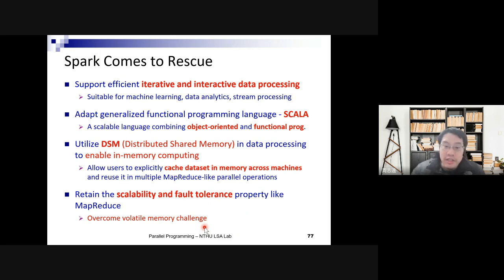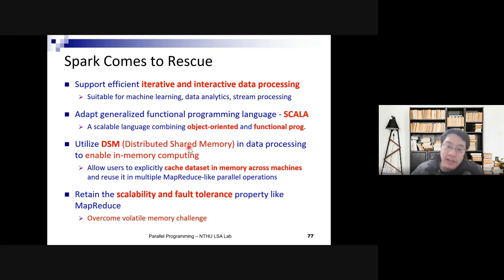Okay, so the key innovation for Spark is to build this distributed shared memory layer, right? As its name implies, it's a memory layer, and the memory is shared across all the tasks across machines, and the data is stored distributedly across the machines as well.